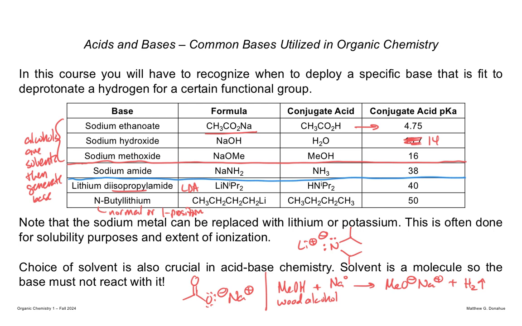So normal, secondary, tertiary, those things and how they relate to the carbon chain. So n-butyllithium is very strong. When it acts as a base and it deprotonates something, it forms butane, which is a gas, and the pKa of that is 50. So a very weak conjugate acid has a very strong conjugate base.